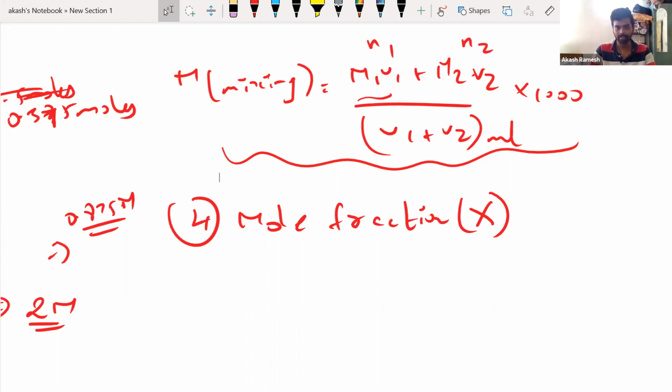Okay, I'll repeat the statement, guys. It is the number of moles of a particular component in a mixture when the total moles of all the components present in the mixture is 1. Okay, that is the statement.